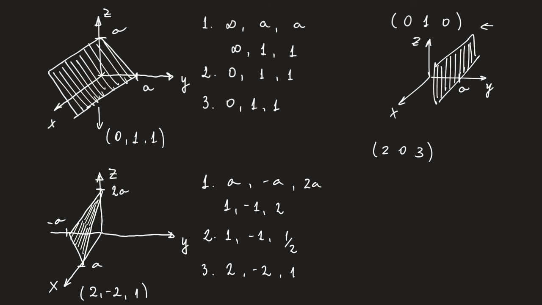We can think in our description in the reverse mode. So this is our step 3. How should step 2 look like in order to get this step 3? It should look something like 1 over 3, 0, and 1 over 2, in such a way that if I multiply step 2 by 6, I will end up with these Miller indices up here. And based on this step 2, how should step 1 look like?